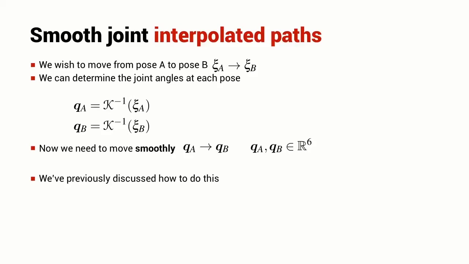The disadvantage of this is we can't guarantee that the robot will follow a straight line path in three-dimensional space. We also can't guarantee that the end effector orientation will be our desired value at every point along that path.